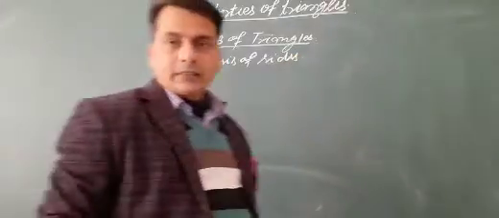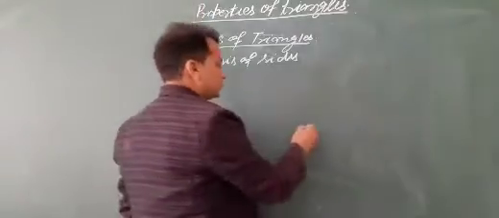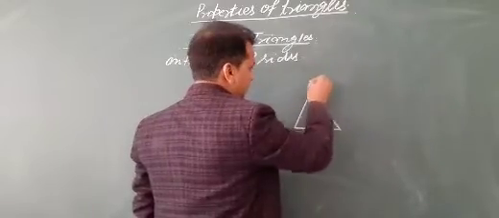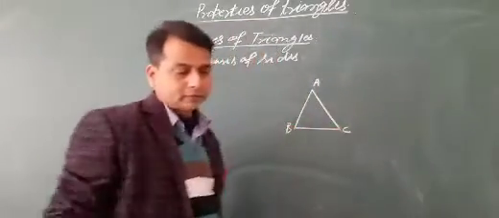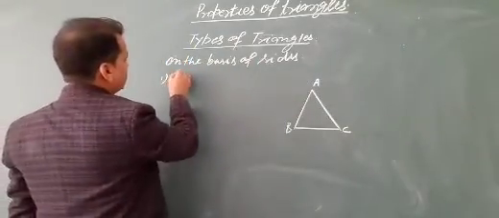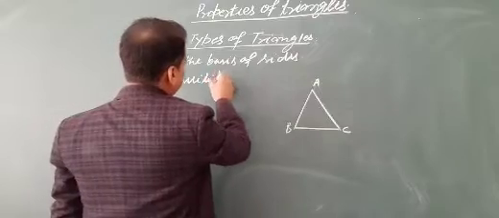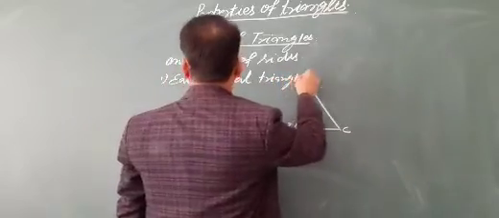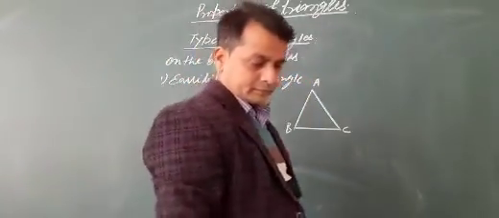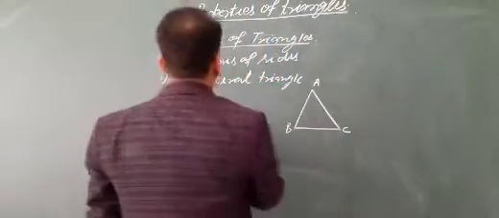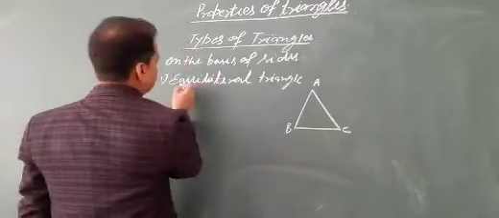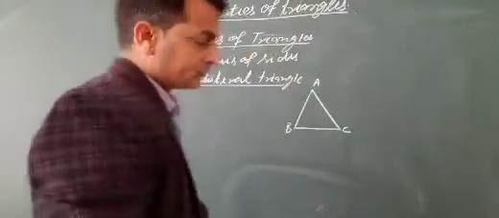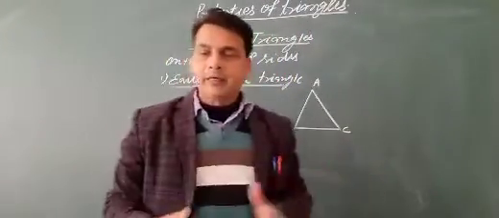First is the equilateral triangle. The first triangle on the basis of sides is the equilateral triangle.